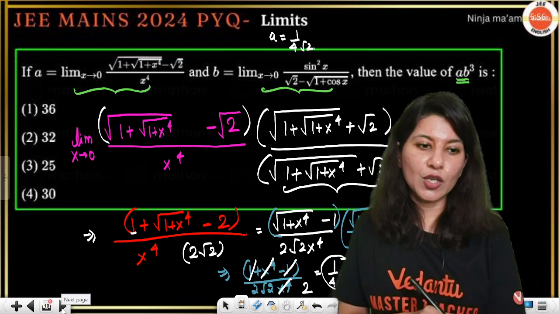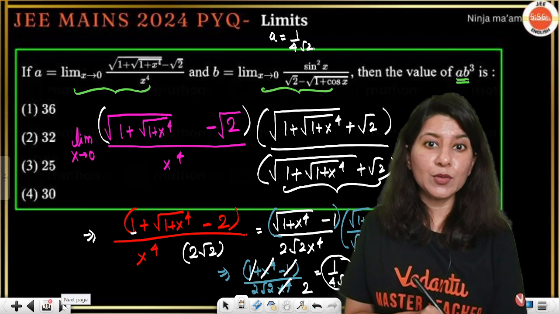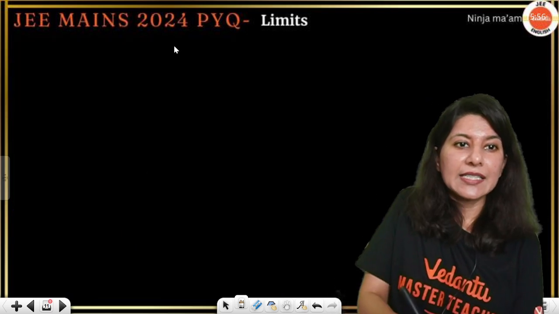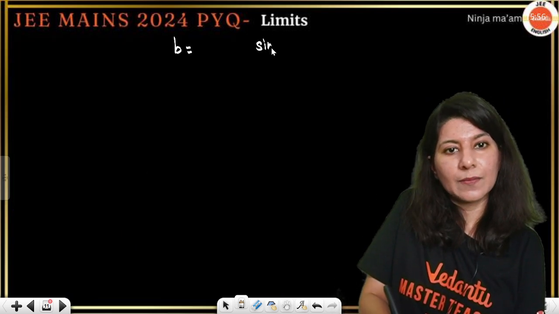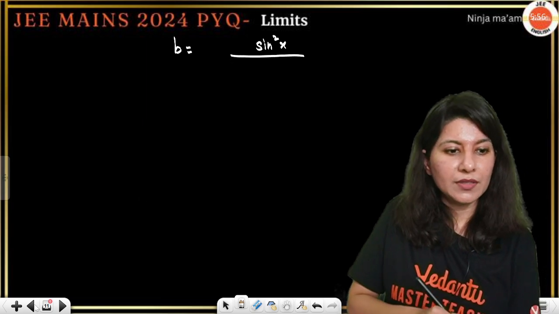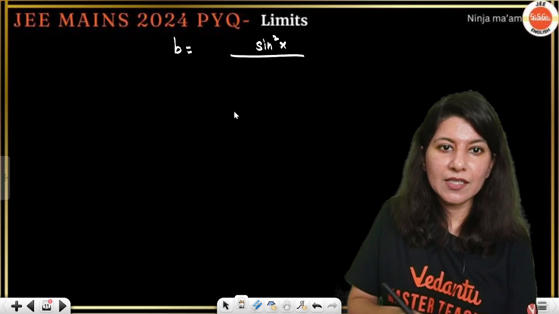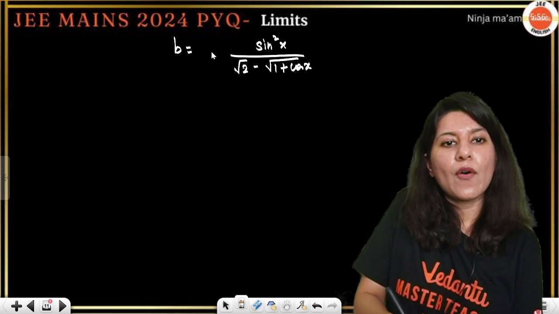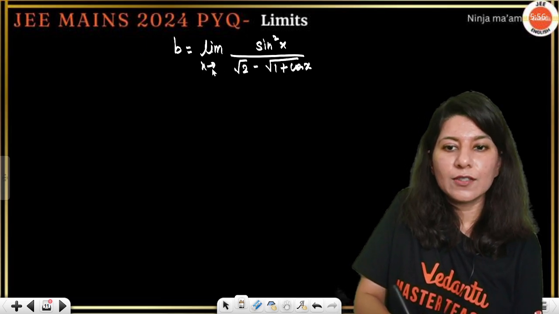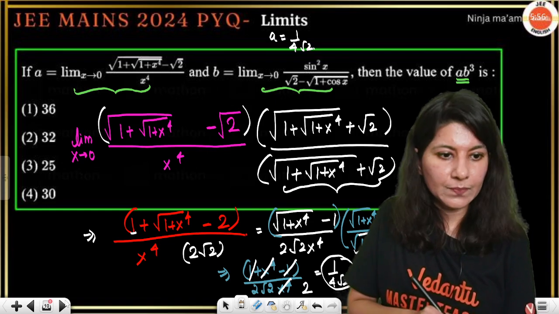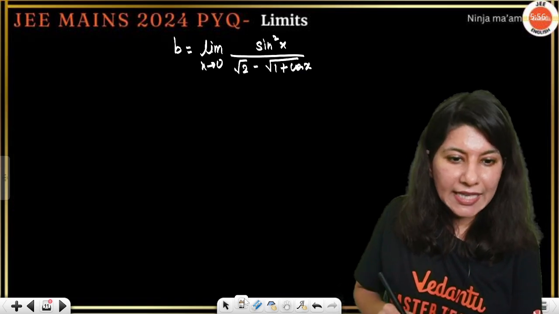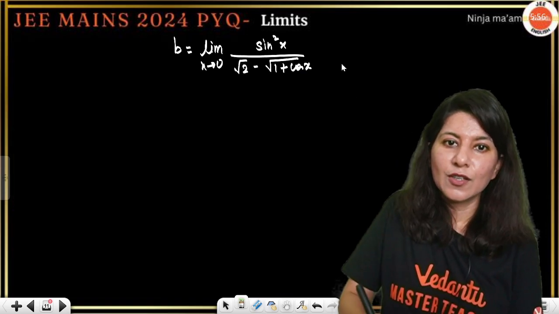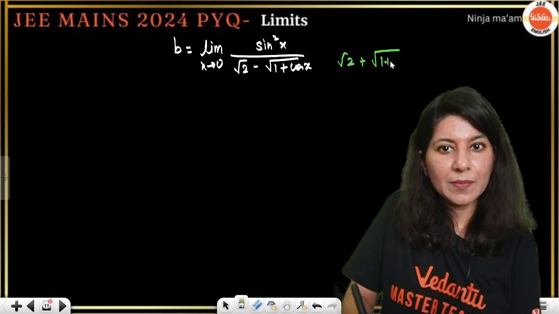Okay. All right. Now let us talk about b, which is sine square x upon root 2 minus root 1 plus cos x. Obviously, x tends to 0, right? This is your b. Again, rationalize. Root 2 plus root 1 plus cos x.